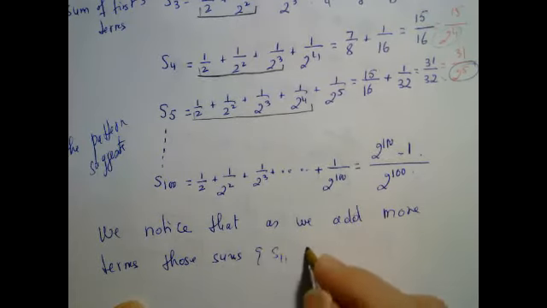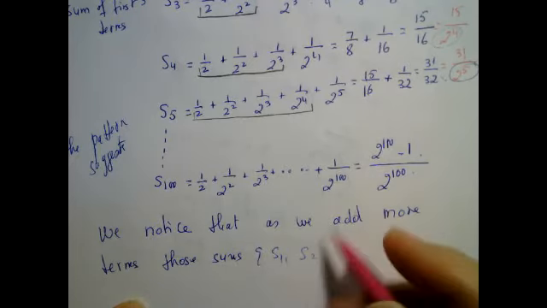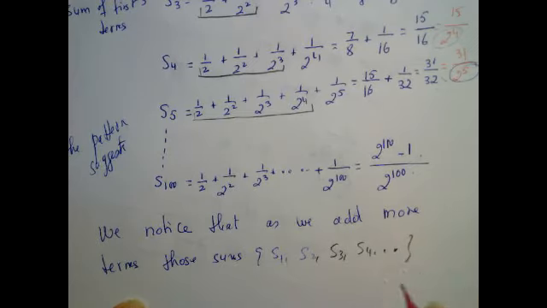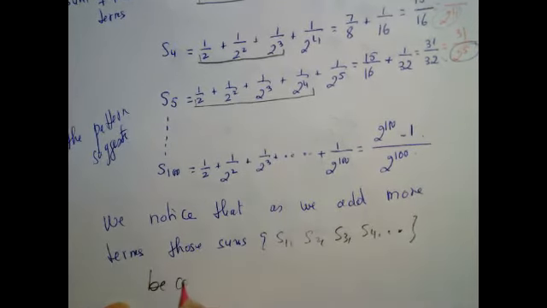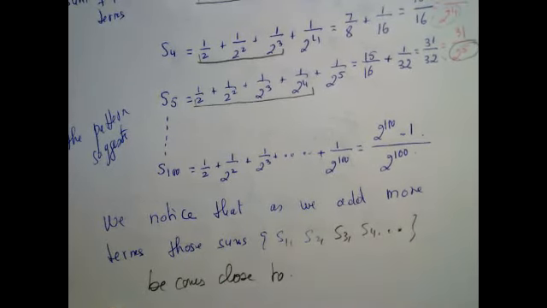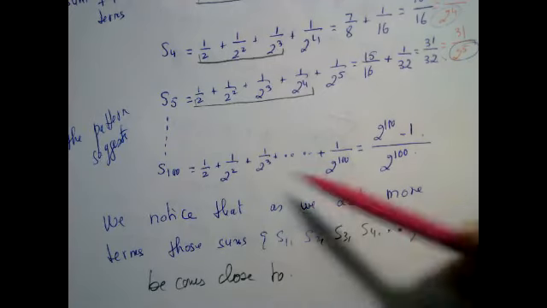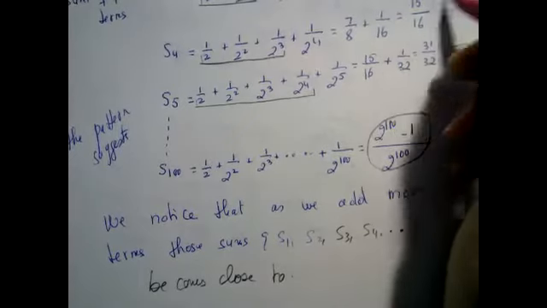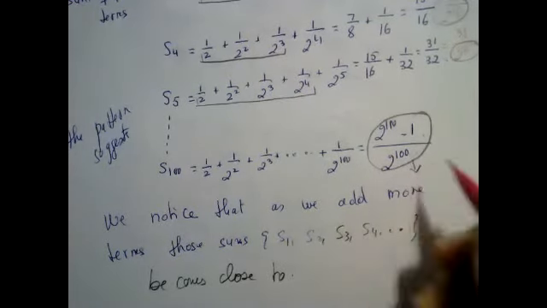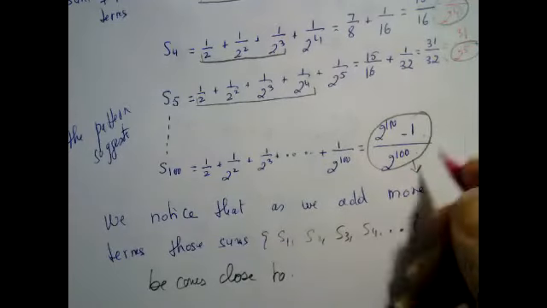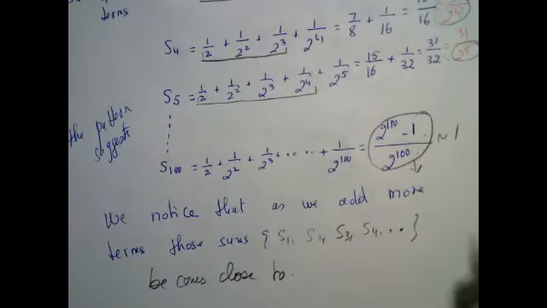Those sums are becoming close to 1, because (2 to the power 100 minus 1) over 2 to the power 100 is really almost 1. They are becoming closer and closer to 1.